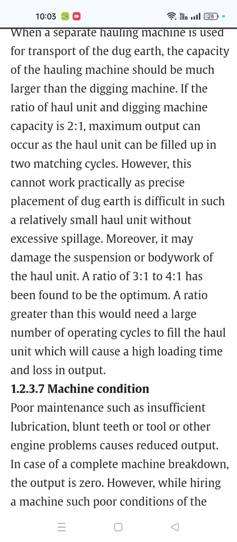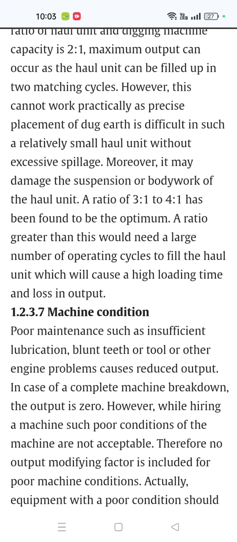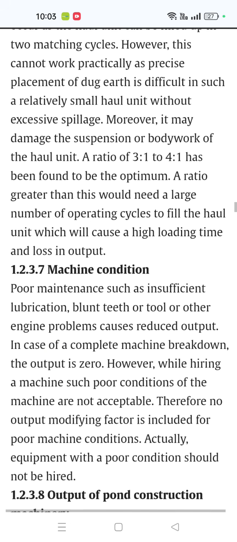However, this cannot work practically, as precise placement of the earth is difficult in such a relatively small haul unit without excessive spillage. Moreover, it may damage the suspension or bodywork of the haul unit.